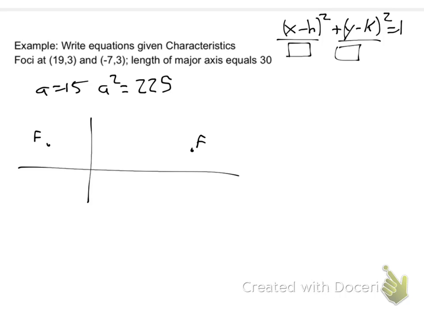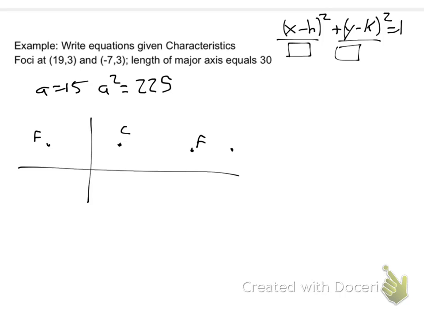The center would be right down the middle someplace, right? And we know that if my foci run sideways, what other points have to run sideways? The vertices. And if this is an ellipse, the foci are always in or out?